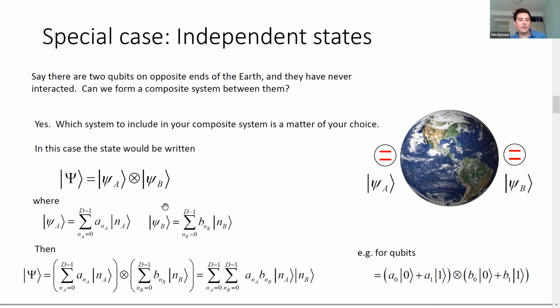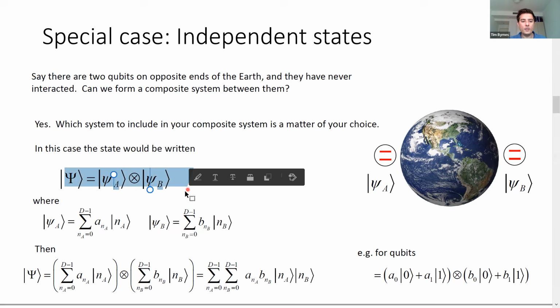Just like independent probability distributions, they don't influence each other at all.